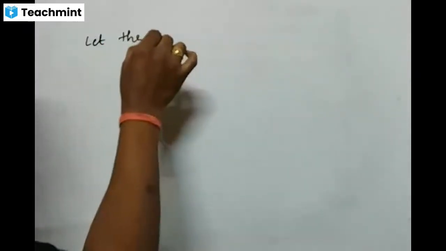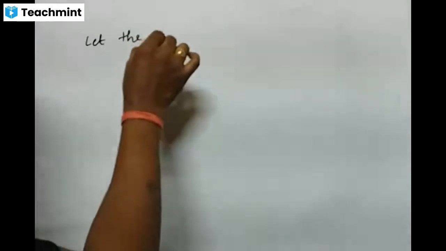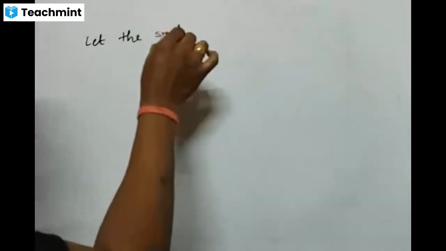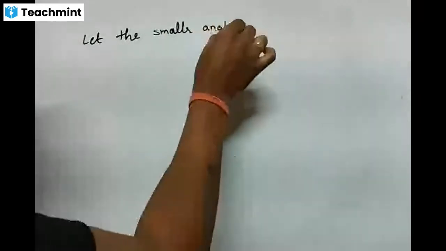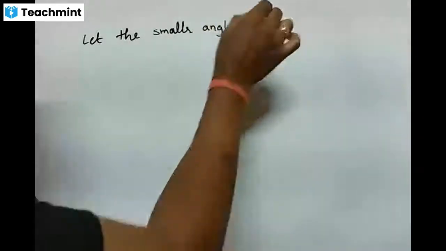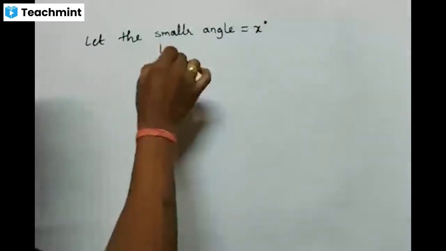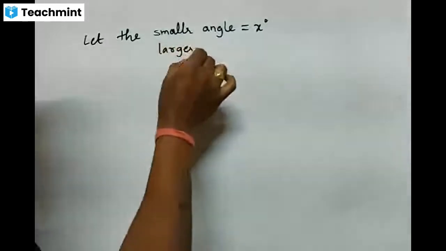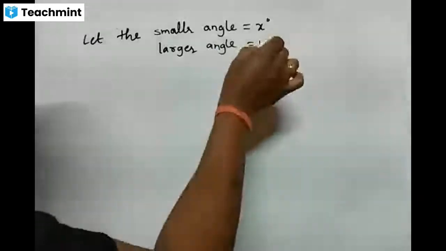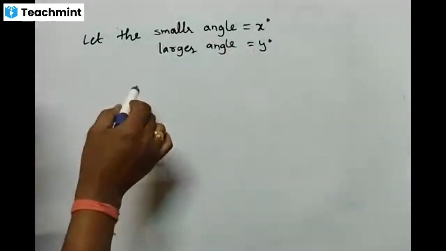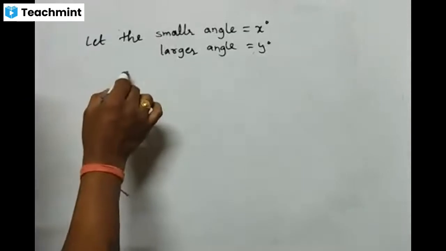Let the smaller angle be x degrees and the larger angle be y. Complementary angles means the sum of the two angles is 90 degrees.